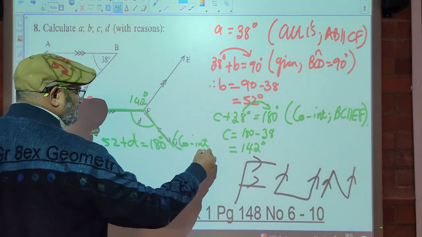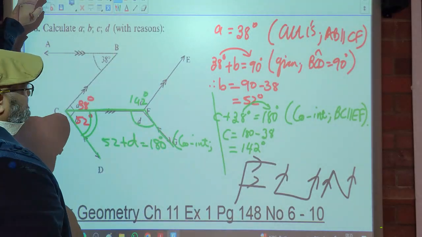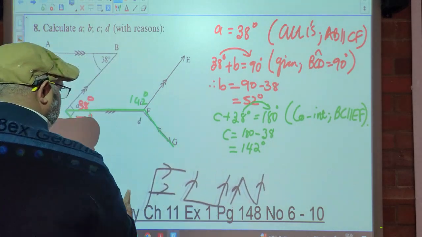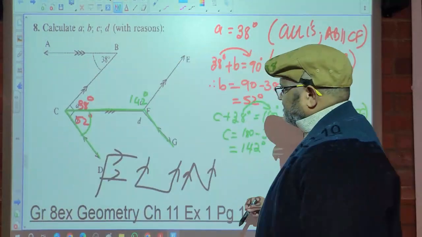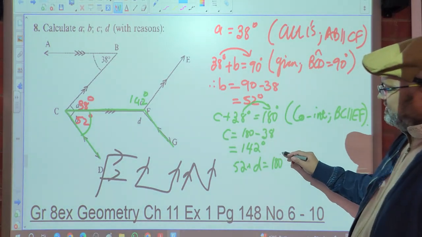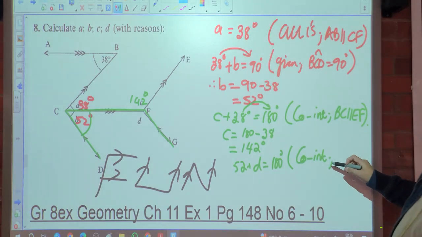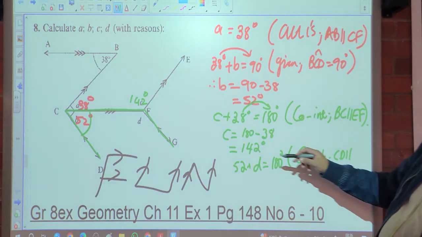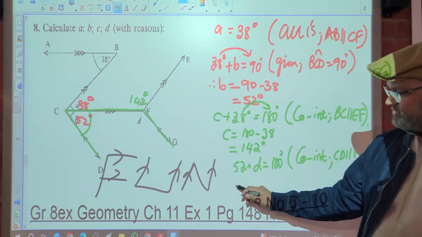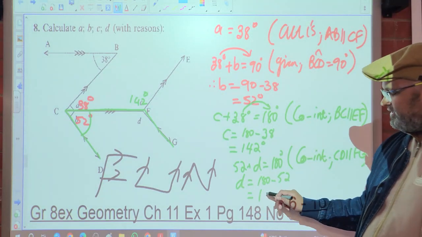Co-interior angles with CD being parallel to FG. So angle D is equal to 180 minus 52, which is 128.